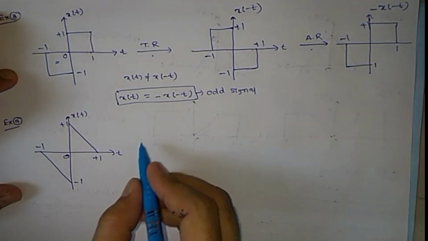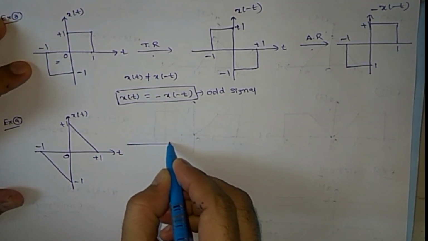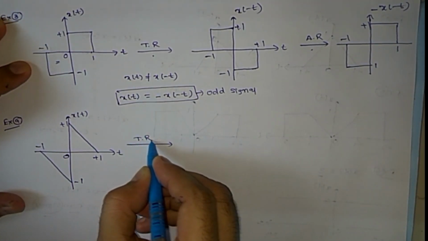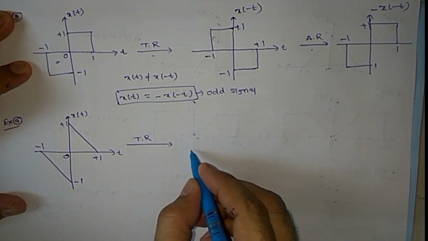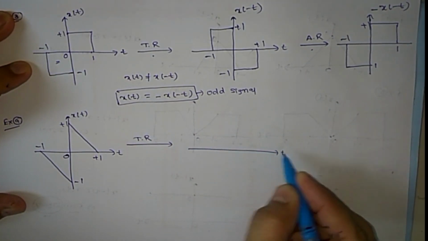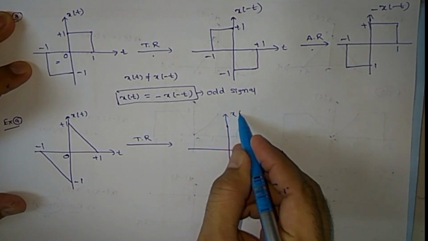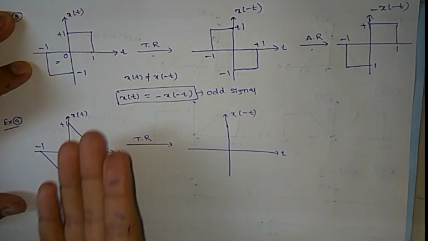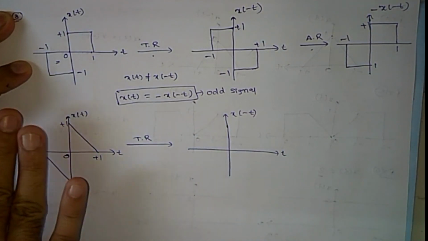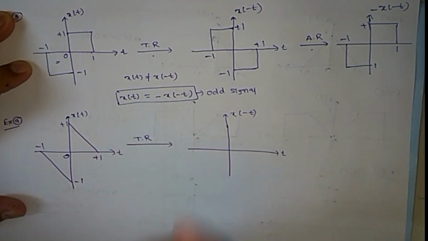Here let us see example 9. If you make time reversal for this, how will it be? x of minus t, whatever signal is here, we need to bring to this side.